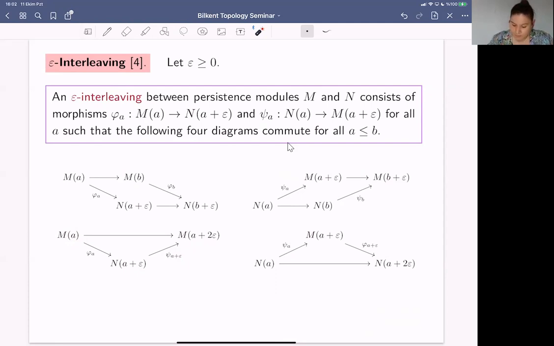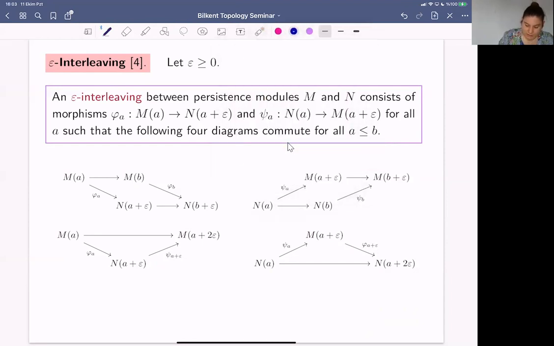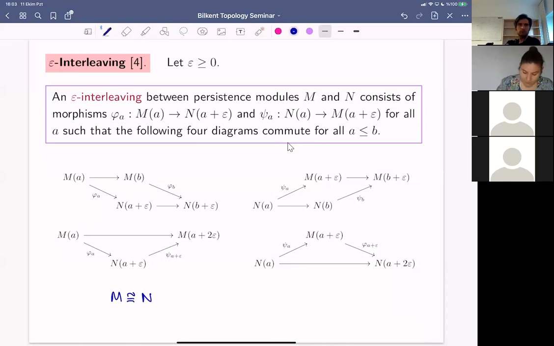Similarly, if you are in the persistence module N, you can go up and then go down with these two maps, and you expect that this diagram commutes. So if you can find these collections of phi and psi, then you say that M and N are epsilon interleaved. Of course, one trivial observation is that if M and N are isomorphic, then M and N are zero interleaved.